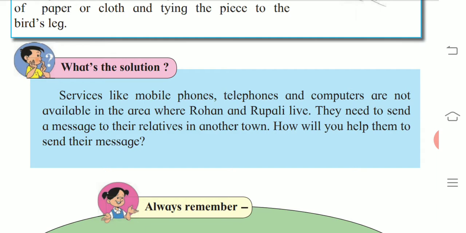To send the message, Rohan and Rupali can write a letter, post it in the post office, and a postman can deliver their letter with the message they want to convey to their relative.